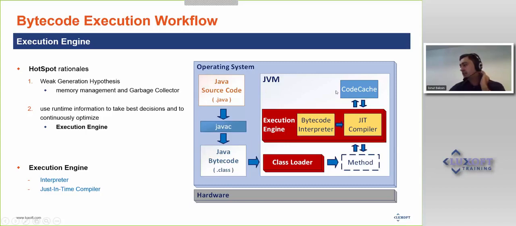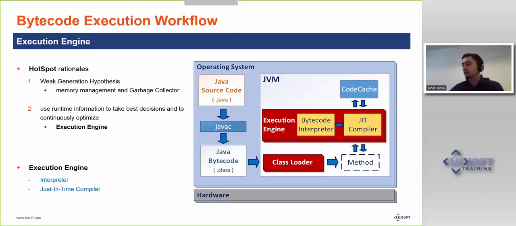Here, in the right of this picture, we see the overall process of how it looks like and how it works. At the beginning, we have the source code, which is mainly our .java class. We have to compile it. We get the bytecode. But what happens after we have the bytecode?